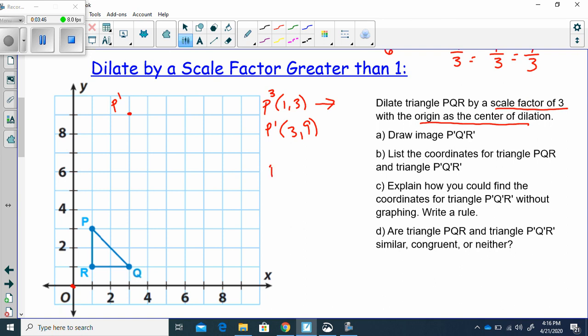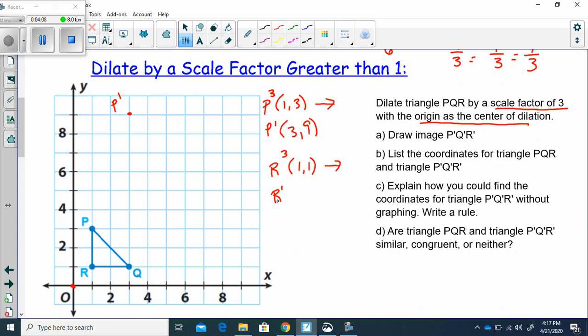Now let's take care of R. Where's R right now? R is at 1, 1. If we're going to dilate it by a scale factor of 3, when you're doing this from the origin, that means you can multiply these two coordinates by 3, and you would get R prime.